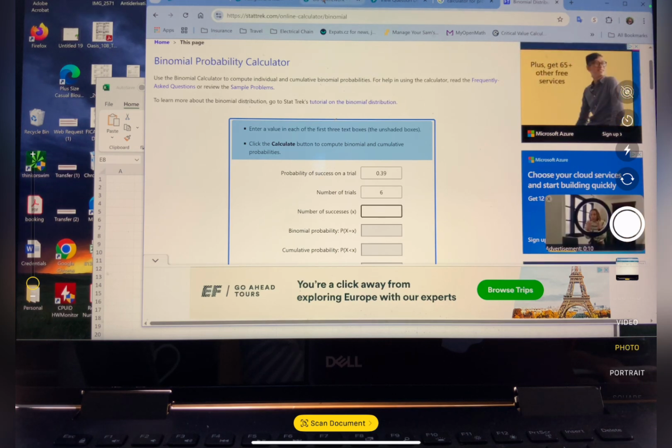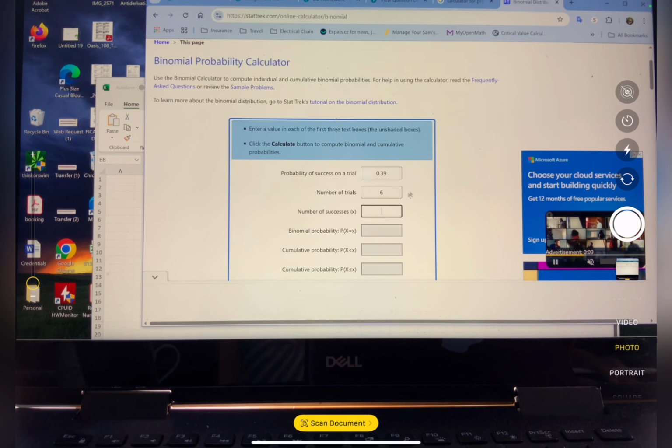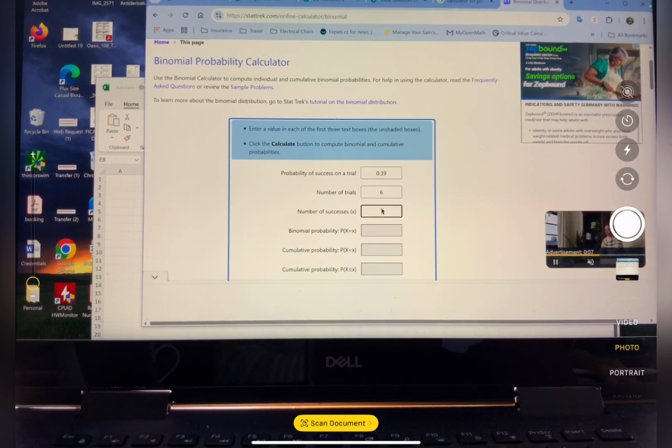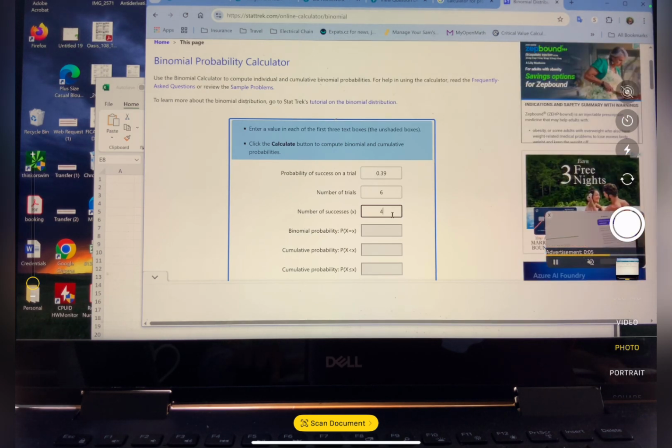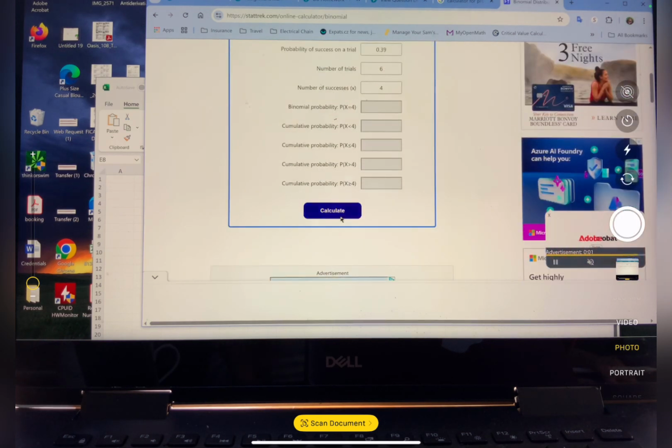Which one is it? What's the probability that in the next 6, 18 to 29 year olds surveyed, 4 will own a tablet? 4 is going to be our X because that's the number of successes. 4 out of 6 have a tablet, okay? So we type 4 here. And that's it. Everything else will calculate itself.